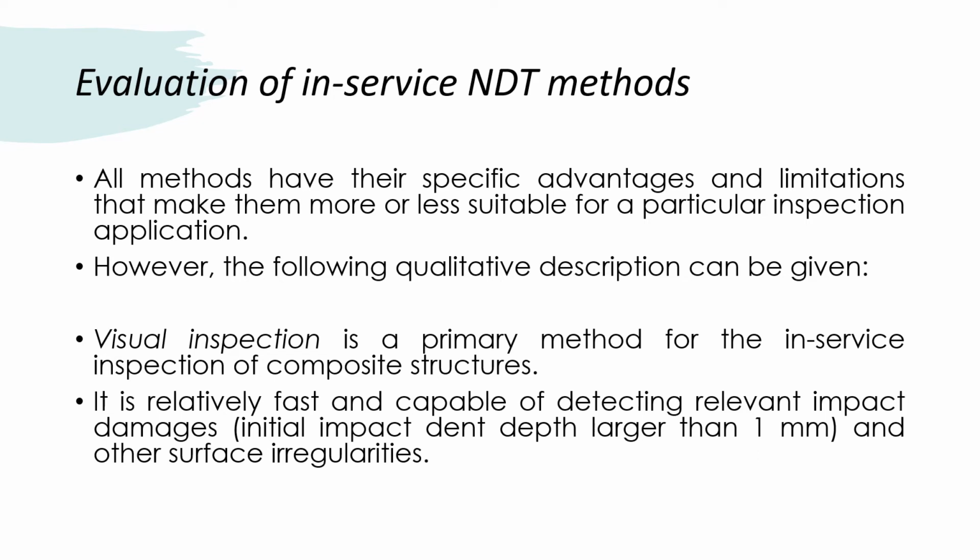Visual inspection is the primary method for the in-service inspection of composite structure. It is relatively fast and capable of detecting the relevant impact damages and other surface irregularities. Here the impact damages are detectable with an initial dent depth larger than 1 millimeter.